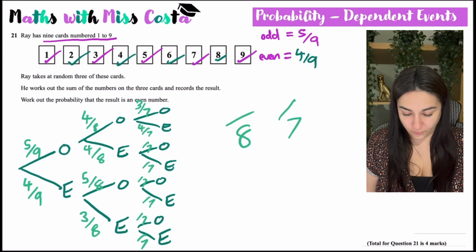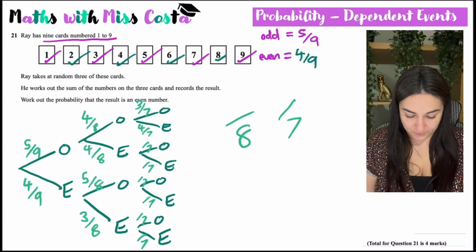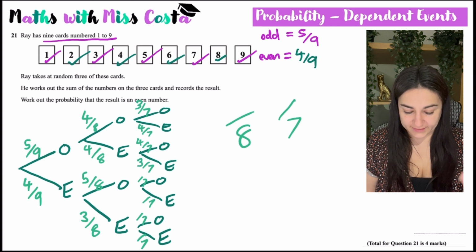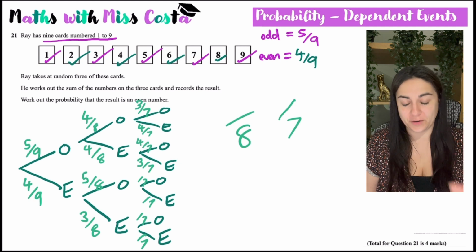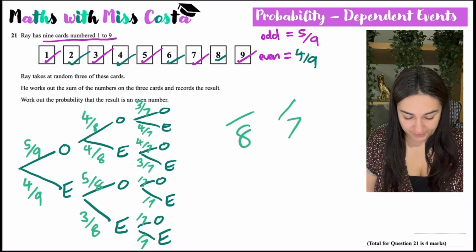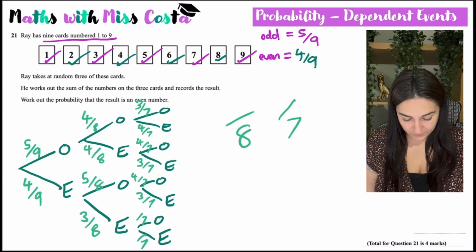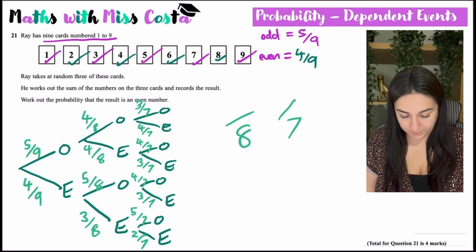You've taken 1 odd, 1 even, so you would be left with 4 odd cards and 3 even cards. Double check, 4 plus 3 makes 7, so you know you've done it right. You've taken out an even and an odd, so you would have 4 odd ones left and 3 even ones left. Once again, you've taken out 2 evens, so your odd ones wouldn't be affected, so that would be 5 and this would be 2.